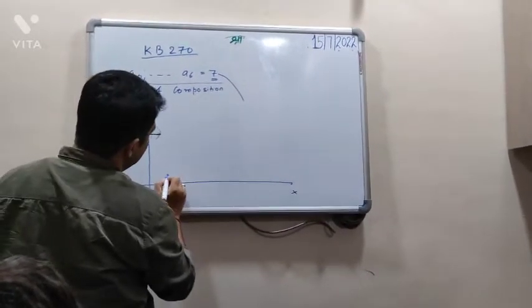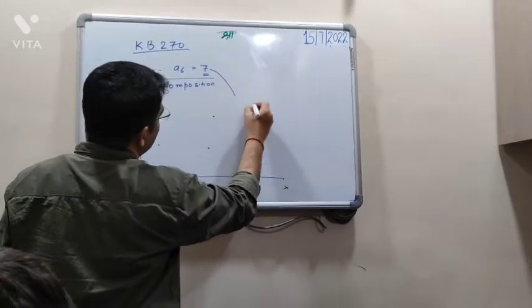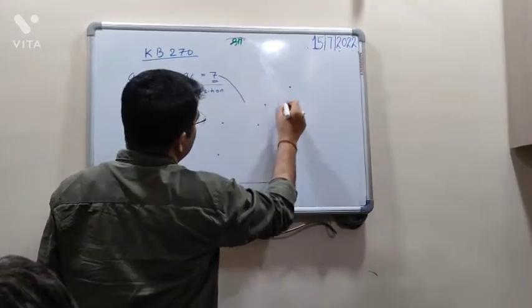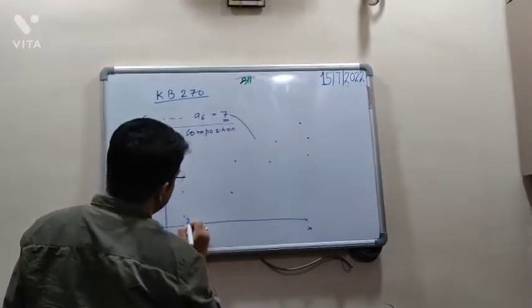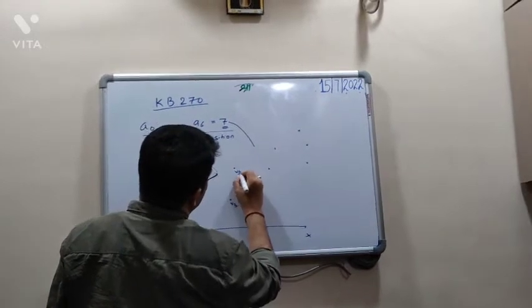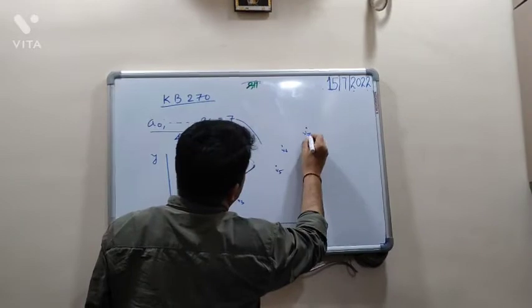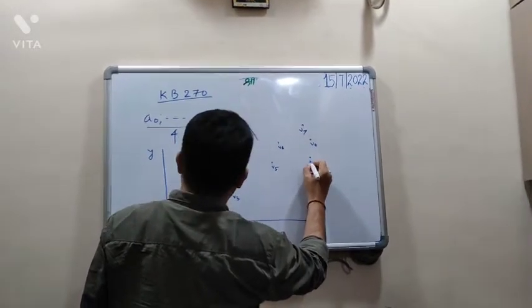Let's say we have V1, 2, 3, 4, 5, 6, 7, 8 and 9.